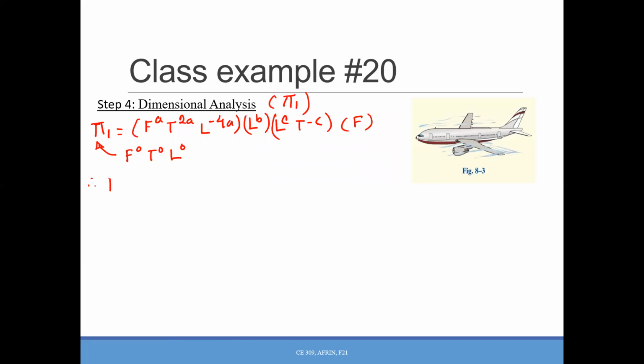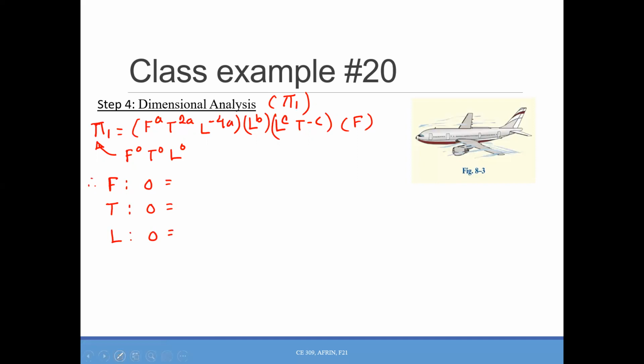Okay, so F^0 equals to, T^0 equals to, L^0 equals to.